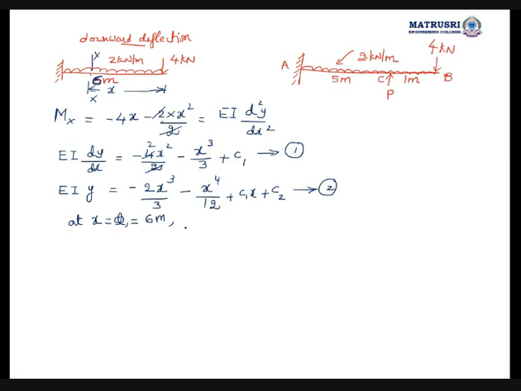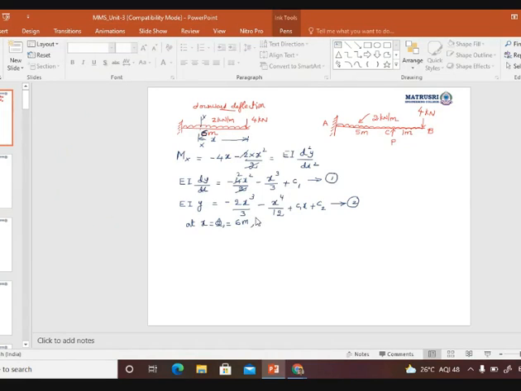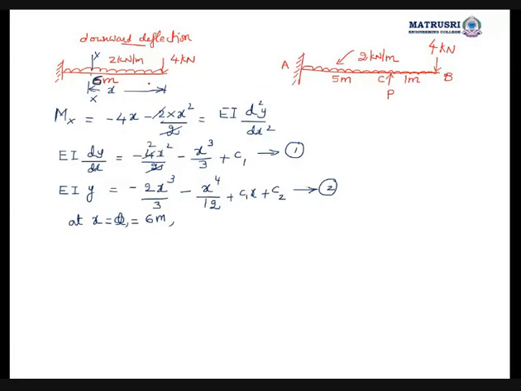X is equal to L. L means here. So dy by dx is equal to 0.